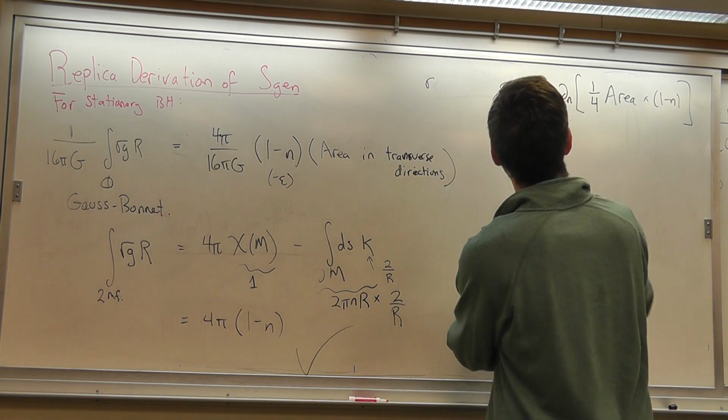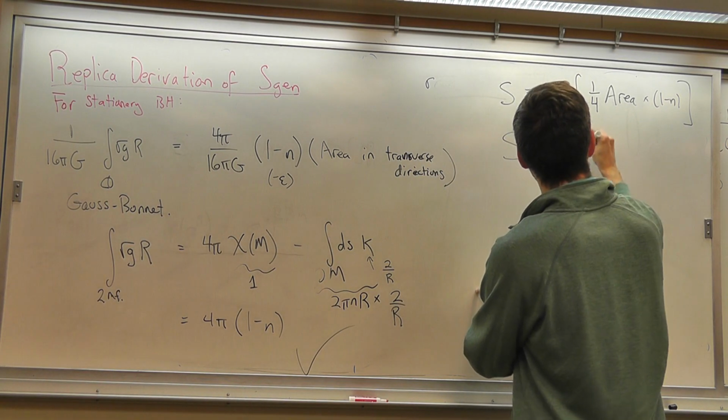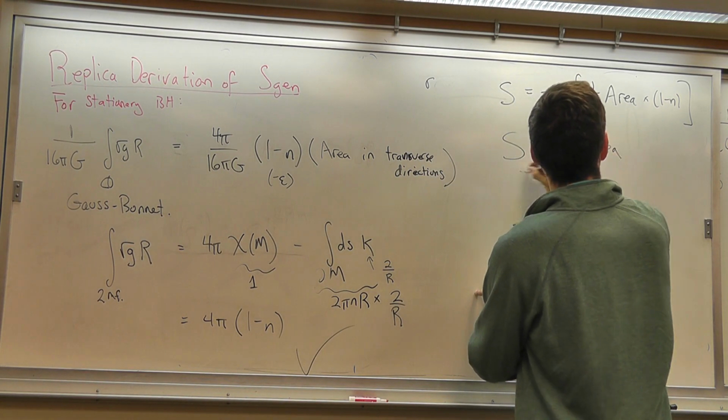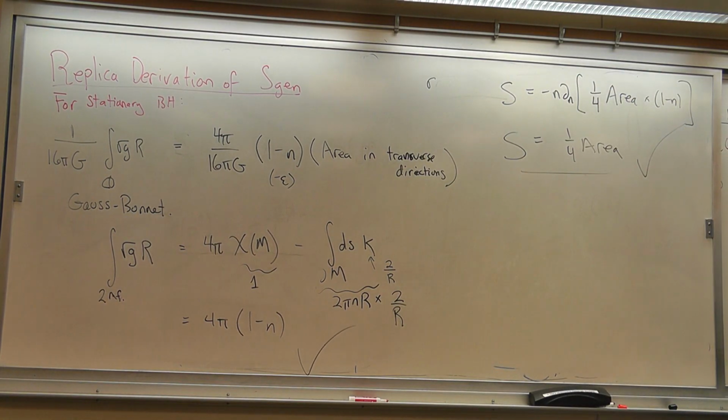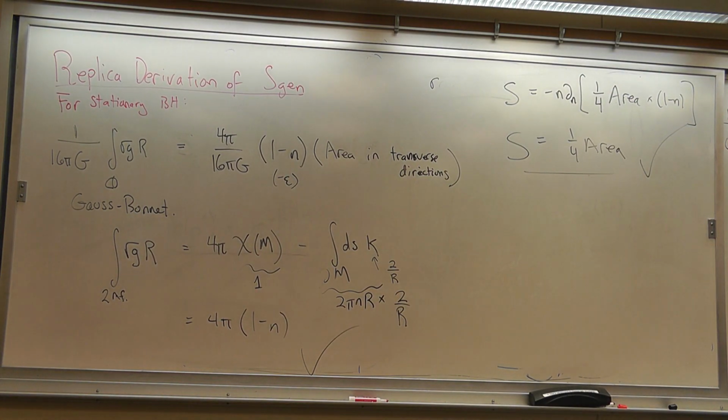And therefore S is 1/4 of the area, and that's the classical entropy as claimed. Questions?